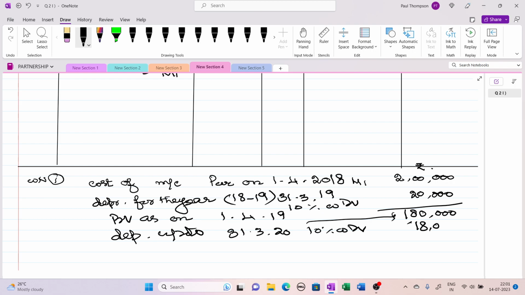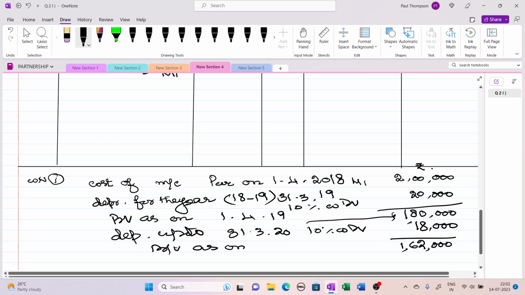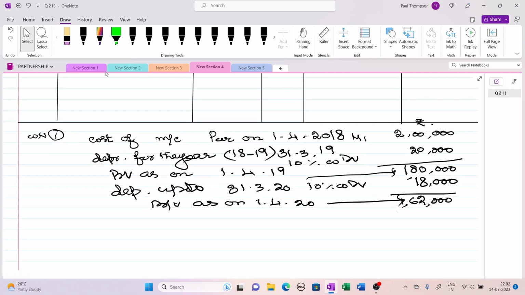That is 18,000. What is the balancing figure? 1,62,000. You can write WDV value or book value as on 1/4/20 is 1,62,000. We have to come up to 1/4/21, then up to the date of sale.